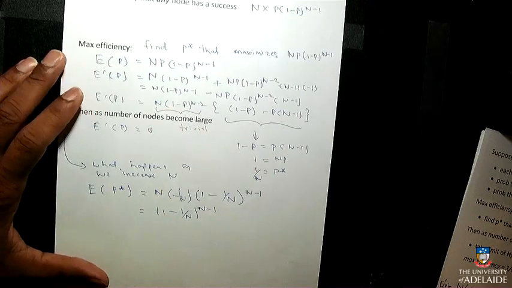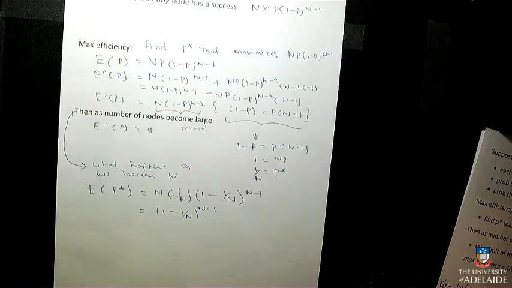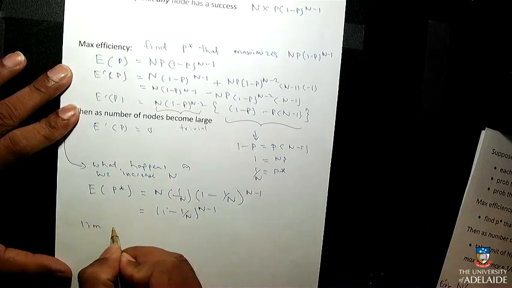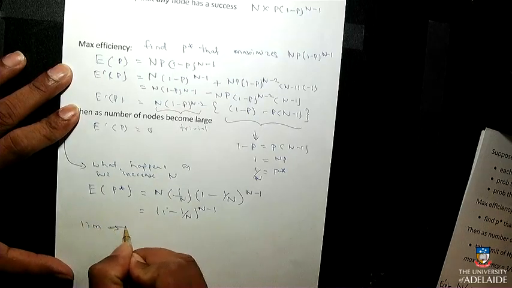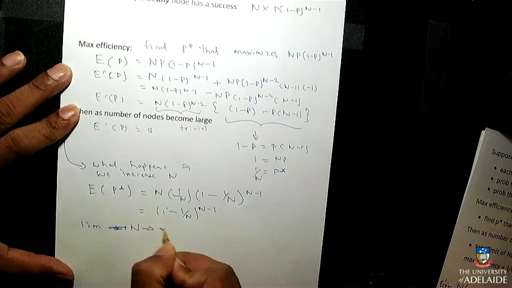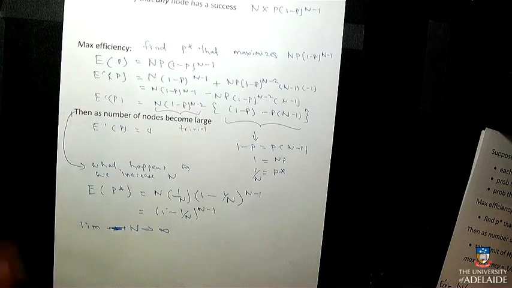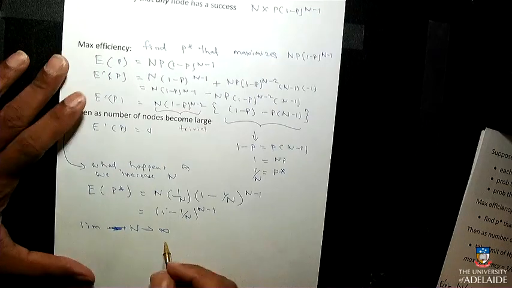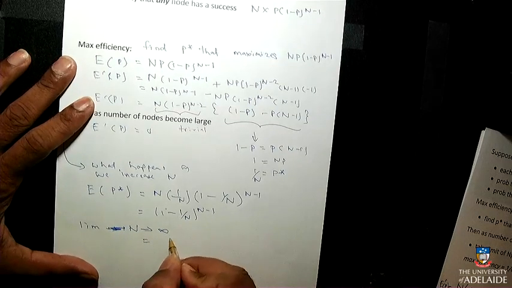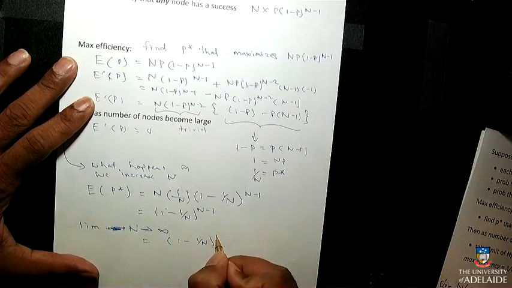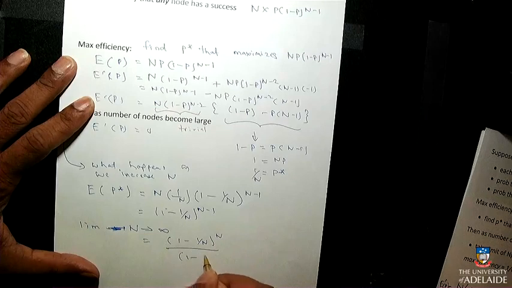The way we handle n becoming large in maths is to take limits, right? So in the limit as n tends to infinity, this is not very helpful in terms of calculating limits. You can use L'Hopital's rule or whatever, but we can rewrite this as (1 - 1/n)^n over (1 - 1/n).